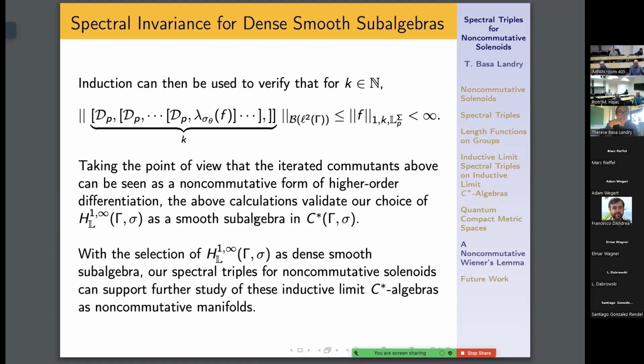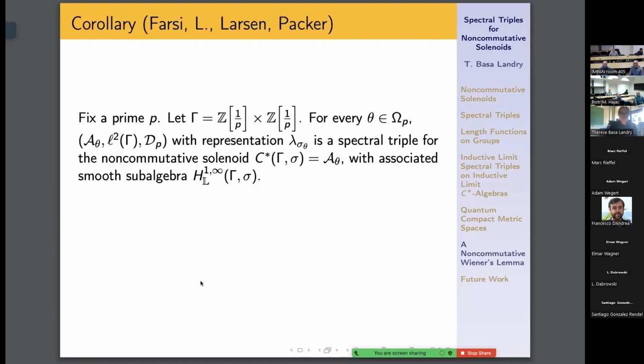So now that we have a dense smooth subalgebra that's spectrally invariant, the next step is to see what other questions we can study about inductive limit C-star algebras as non-commutative manifolds.